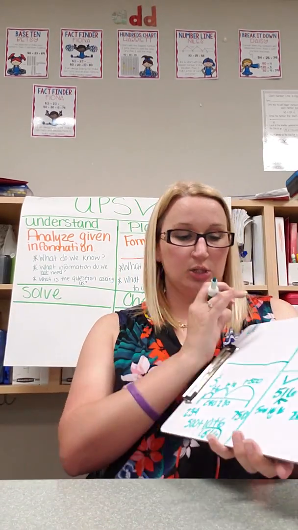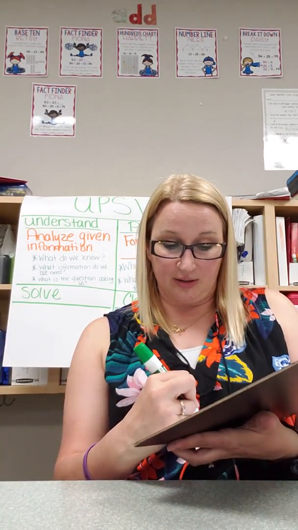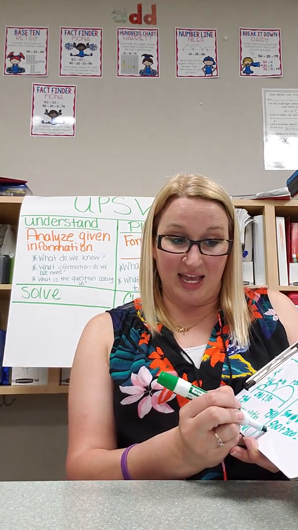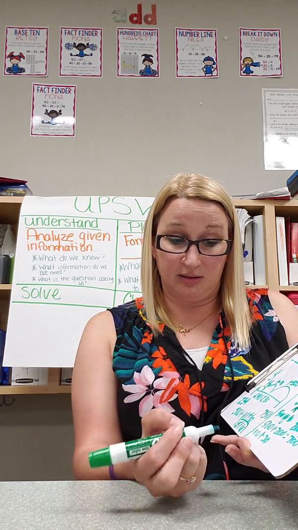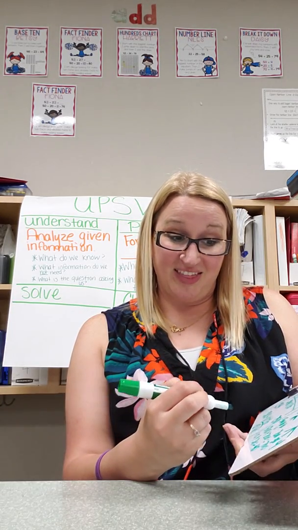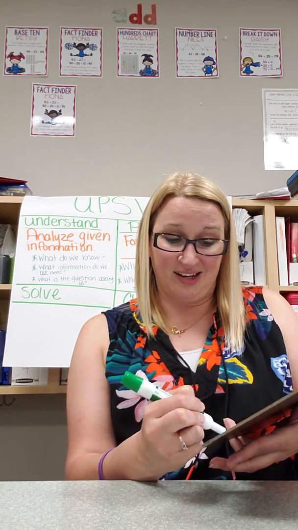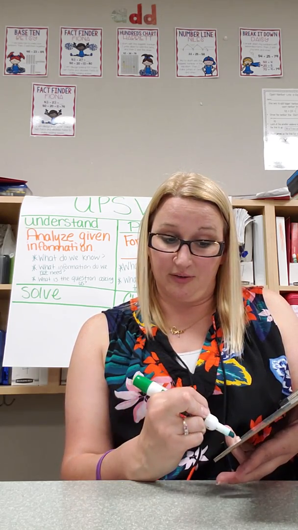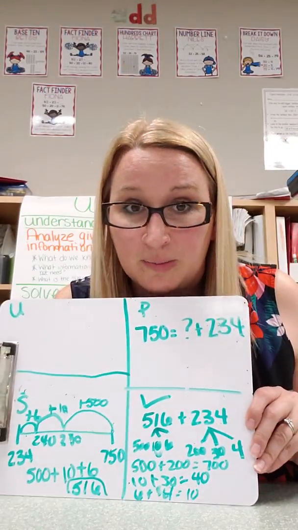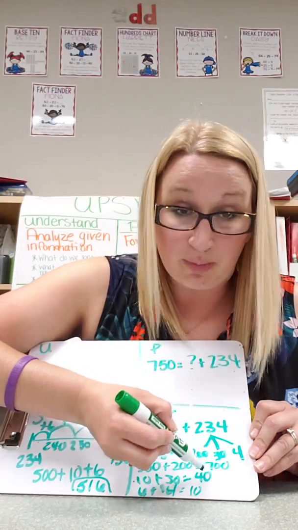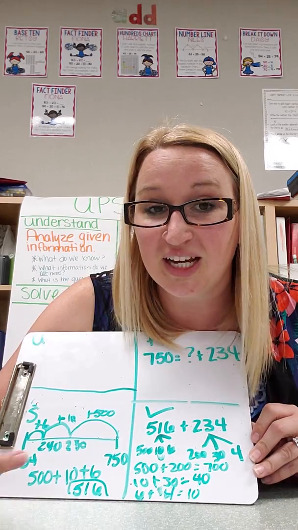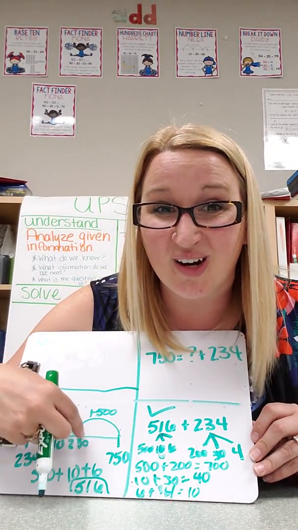So 500 plus 200 is 700. 10 plus 30 is 40. And then 6 plus 4 is 10. So then, just like I did with my jumps, I have to compose my solution. Well, I know that 700 plus 40 is 740. 740 plus 10 is 750. So there, we justified our solution here.